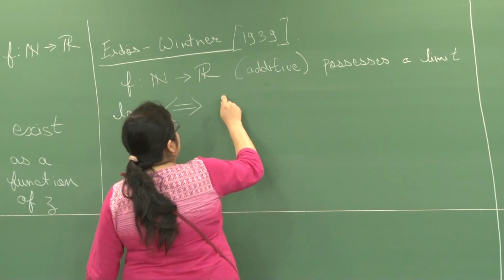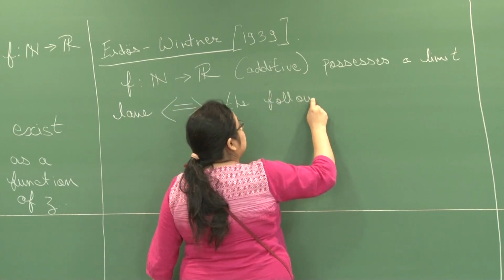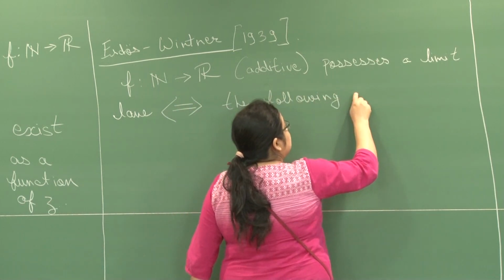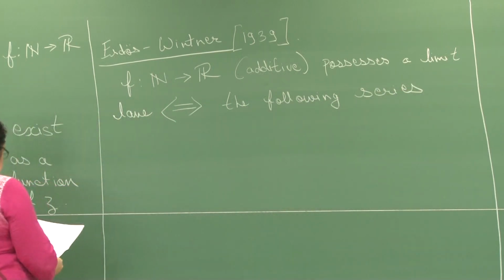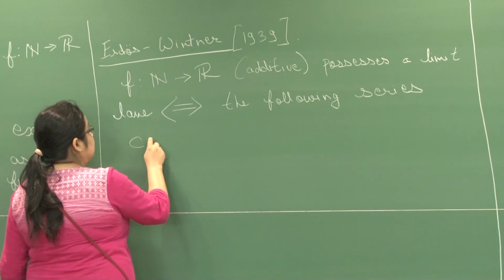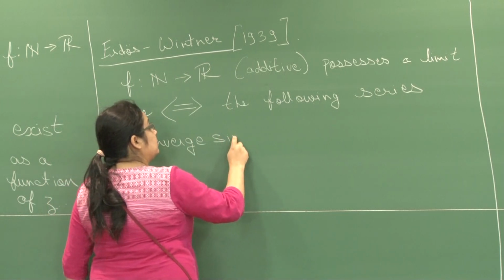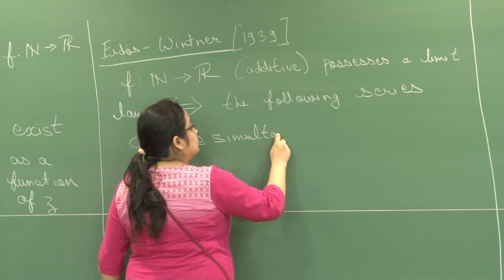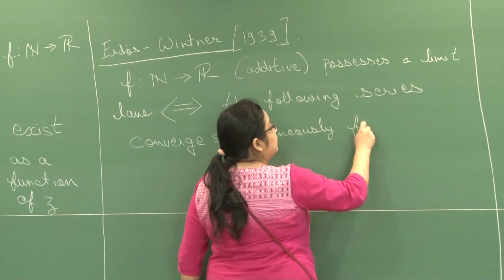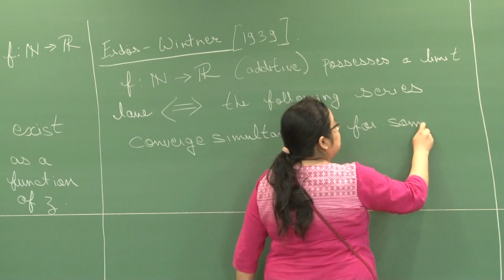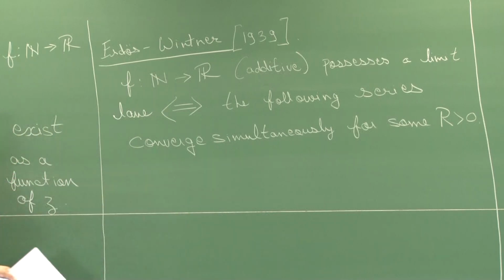So, if and only if the following series converge simultaneously for some positive constant r. And what are these series?